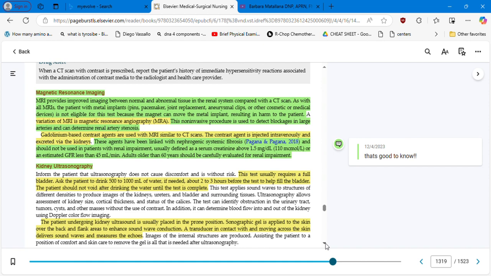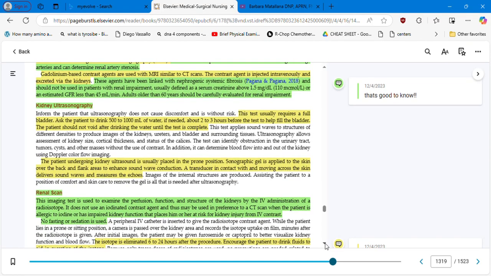If they are above 1.5, it's suggesting renal impairment, right? Or an estimated GFR less than 45 mLs per minute. So glomerular filtration rate less than 45. Now, adults older than 60 years should be carefully evaluated for renal impairment.